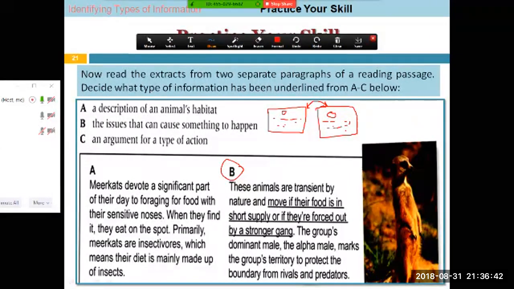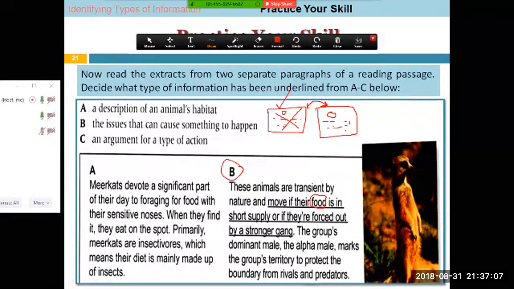That means a similar species, meerkats, may search for or hunt the same food, or they may like to come to the same place where this group is living. So one of the groups will have to leave, obviously.